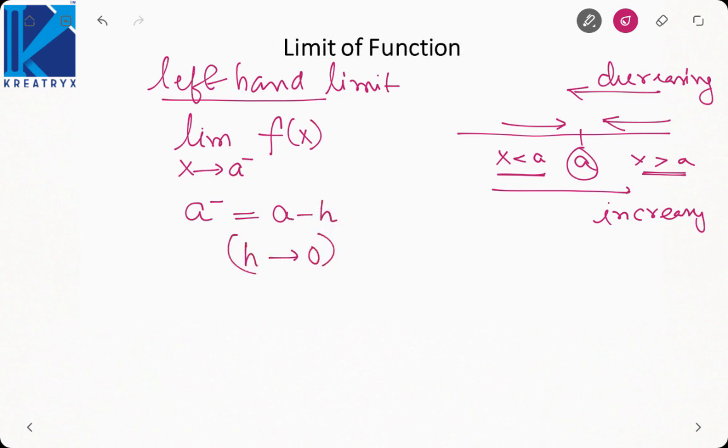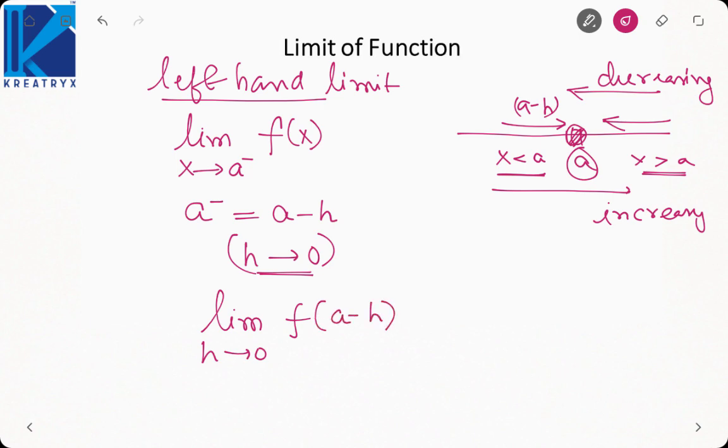Since you want to hover around the point a, you will take a point less than a, but the distance between them should be tending to 0. Because if I take a point a minus h, then that will lie here. But I want this distance to be negligible, that is why h should tend to 0. So this can also be written as limit h tending to 0 f of a minus h.